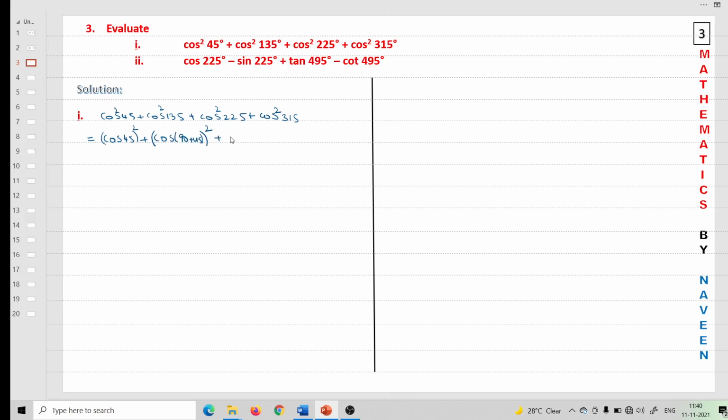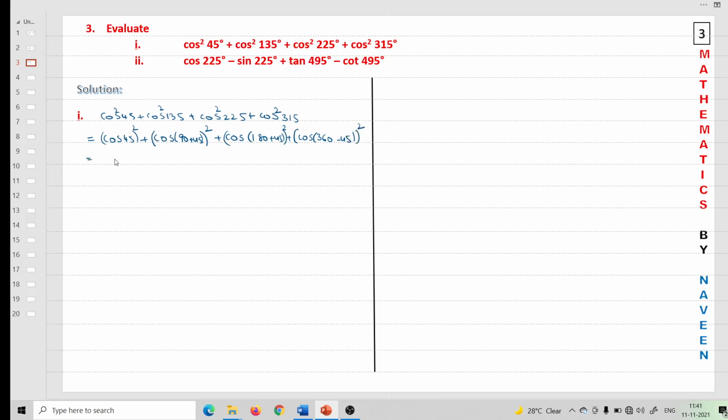Here also, cos of 180 plus 45 whole square, plus cos of 360 minus 45 whole square.